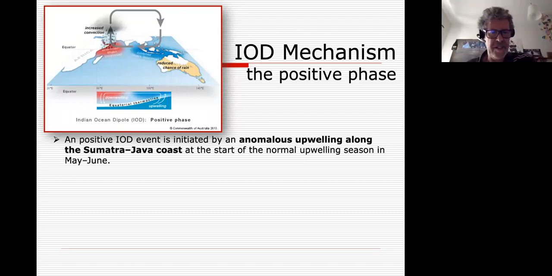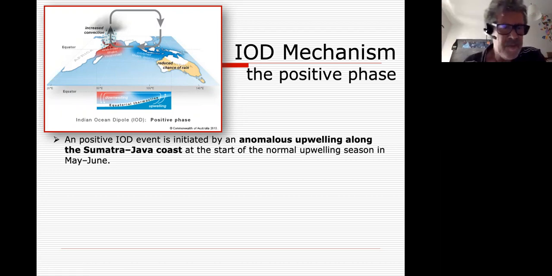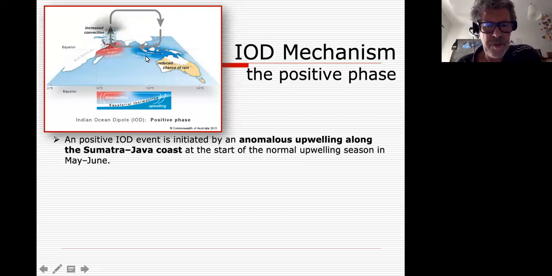You see here the Indian Ocean, with Australia on the right side and Africa on the left side of the plot, and a cooler than normal area in correspondence of the Sumatra Java coast.